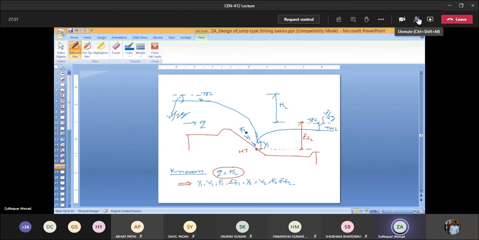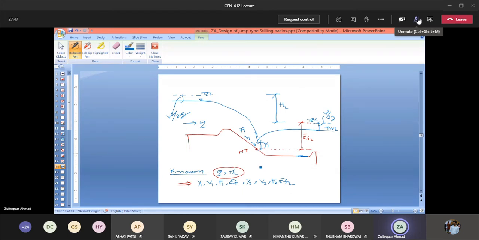But in some hydraulic jump stilling basins, you have seen that the invert level is not equal to the downstream total energy minus EF2.